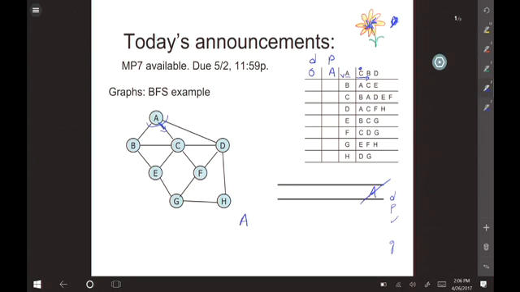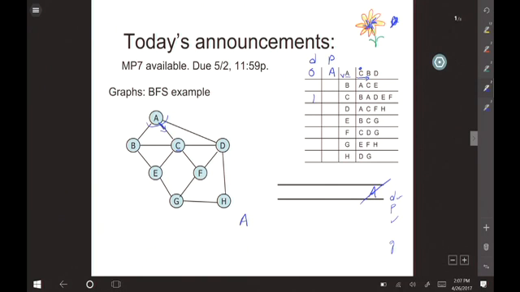I'll talk about that later. So I'm going to do the following. I'm going to mark the current distance to the new vertex as 1 plus A's. We're working on C here.